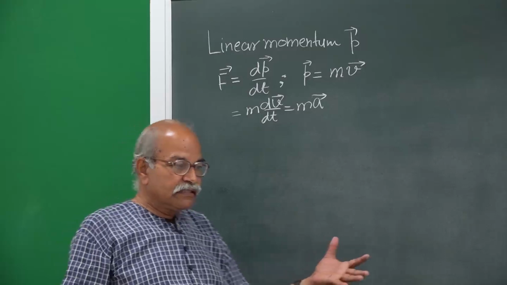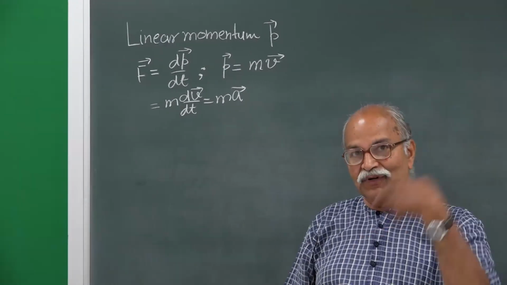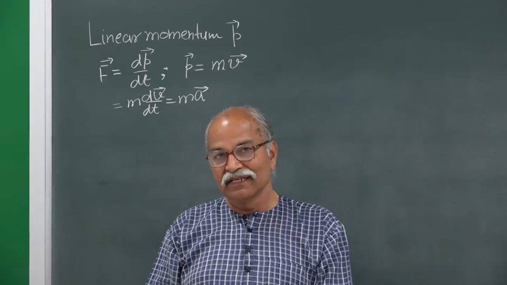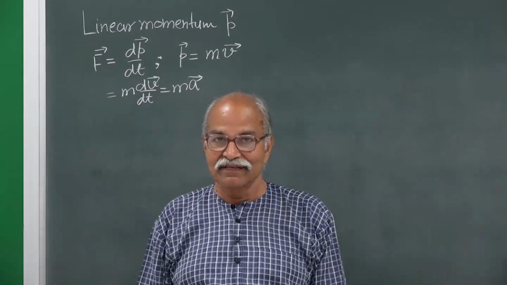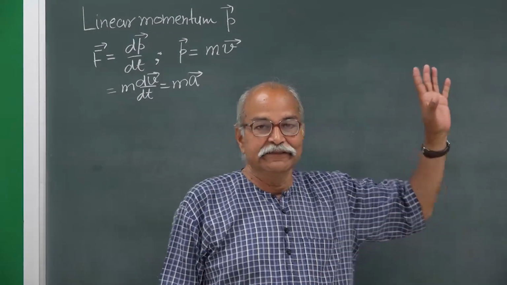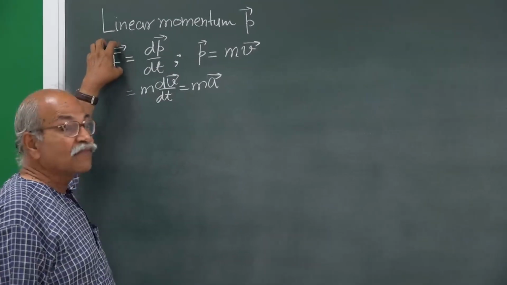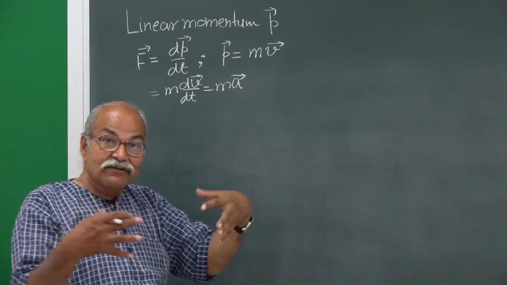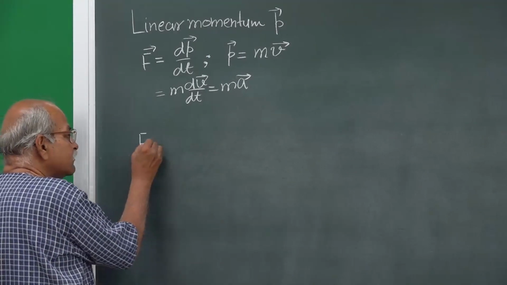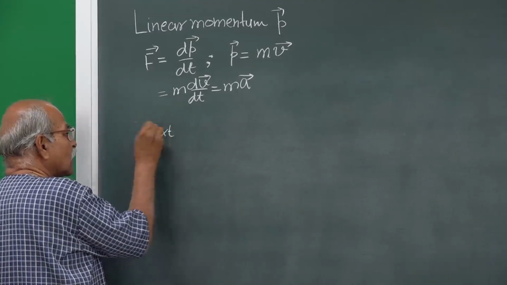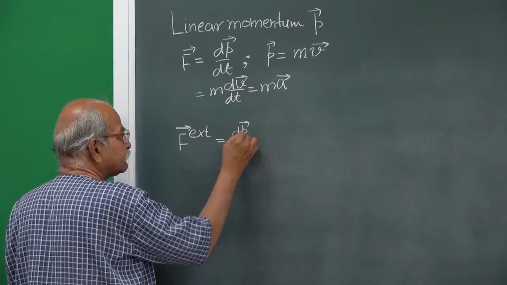And if you have a system of particles, a collection of particles, and there are forces on these particles from each other and from outside, then this equation is still valid, but then this F is the total of all the forces taken together, and you call it F external, that is equal to dp/dt.